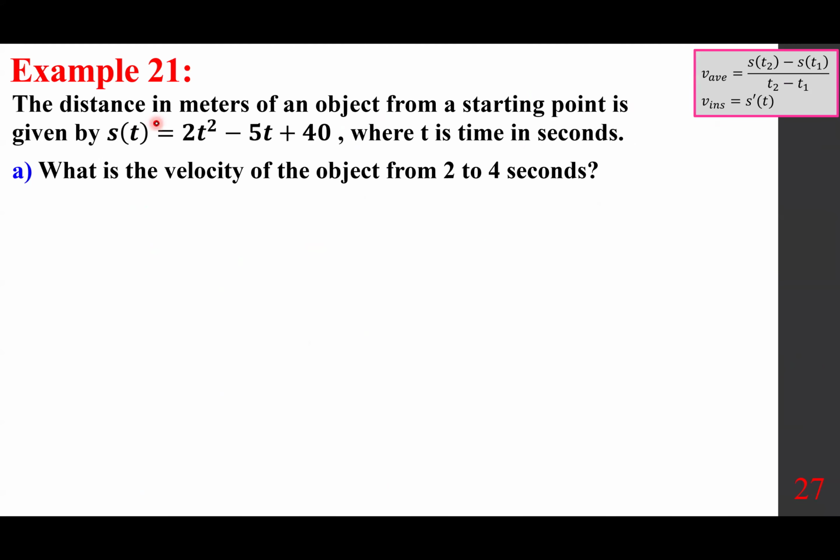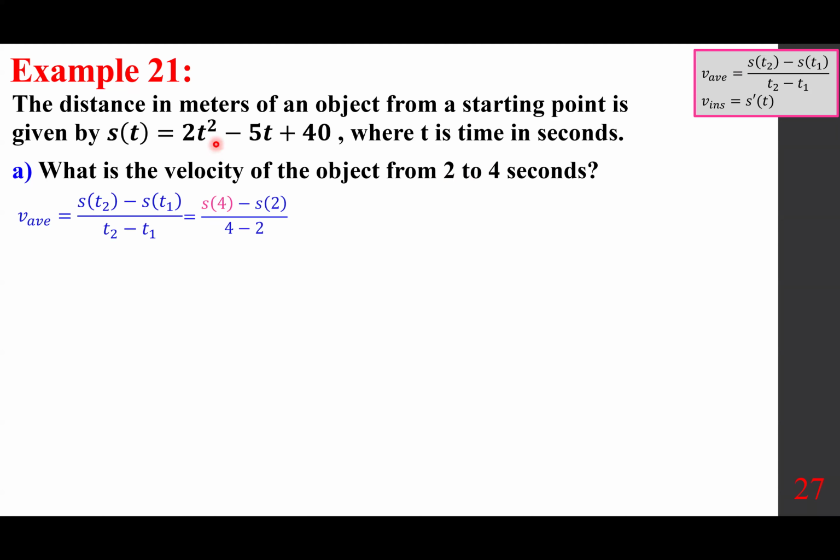The distance in meters of an object from a starting point is given by s of t equals 2t squared minus 5t plus 4, where t is time in seconds. What is the velocity of the object from 2 to 4 seconds? That's the average velocity, total distance over total time when you have 2 points in time. So you want s of 4 minus s of 2 divided by 4 minus 2.